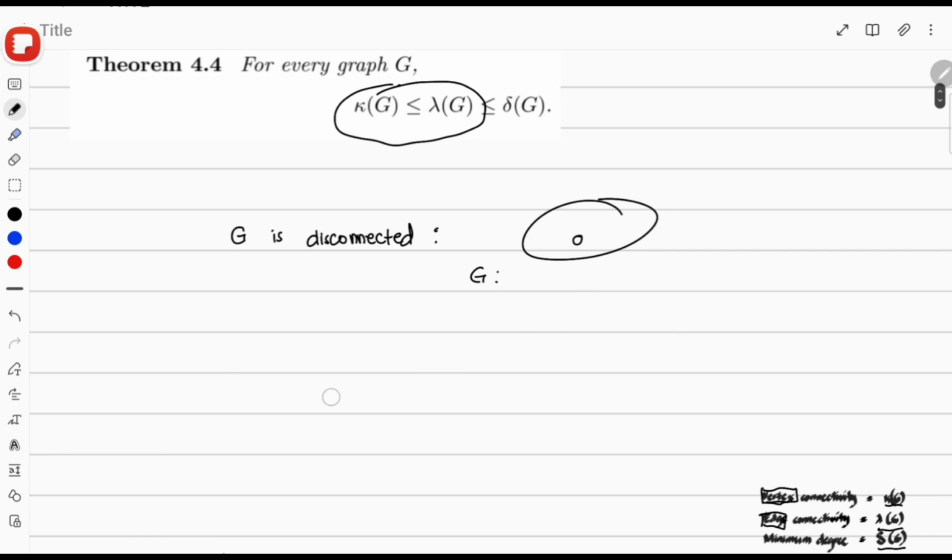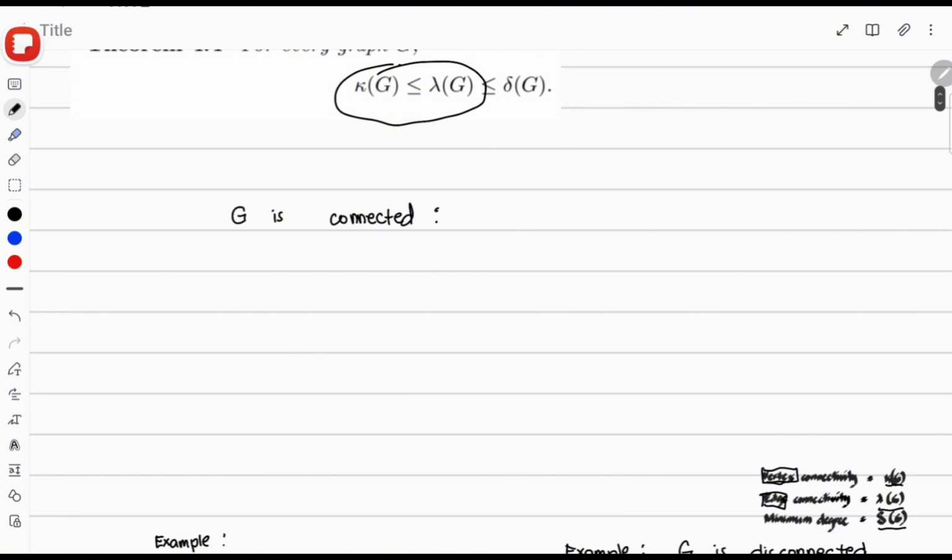Okay, suppose G is connected, and complete. Suppose we have K5. Excuse my graph.